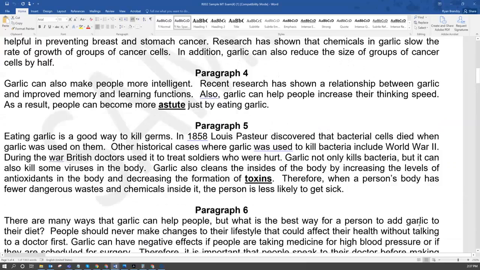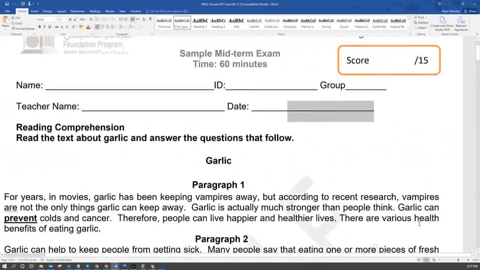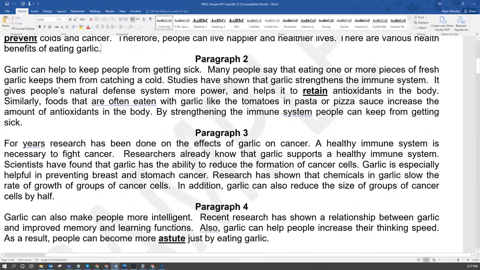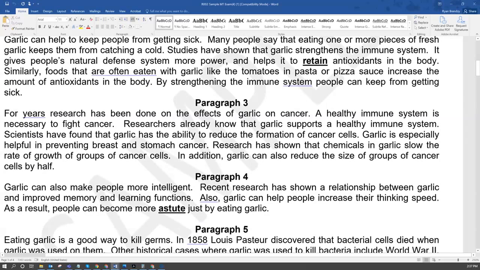Okay, so we have the text. Remember that in the text, we want to try to figure out the main idea of each paragraph. Remember how we did the what, when, where, who, why, and how. This is where you're going to want to write little notes on the test about what each paragraph main idea is. That's going to take a little bit of time at the beginning, but then that will help you for answering the questions.